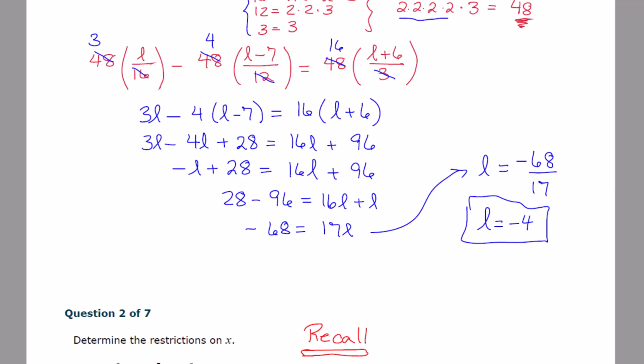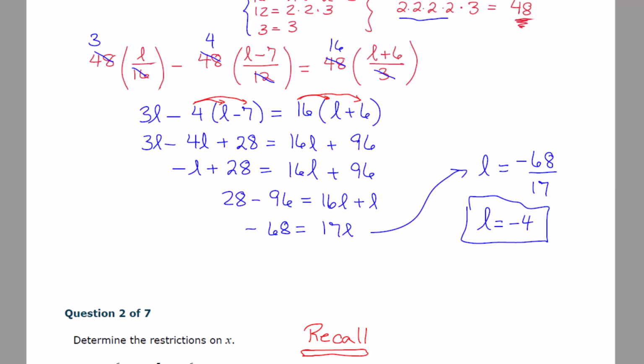All right, at that point, I just need to start distributing. All right, so what do I have? Minus 4L. A minus 4 times a minus 7 is a plus 28. 16L, 16 times 6 is 96.